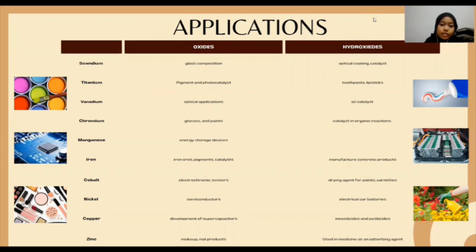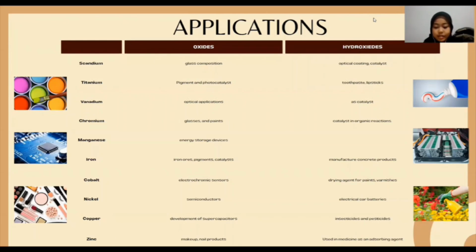Iron oxide is used in iron ores, pigments and also catalysts, while iron hydroxide is used in the manufacture of concrete products. Cobalt oxide is used as an electrochromic sensor, while cobalt hydroxide is used as a drying agent for paints and varnishes.